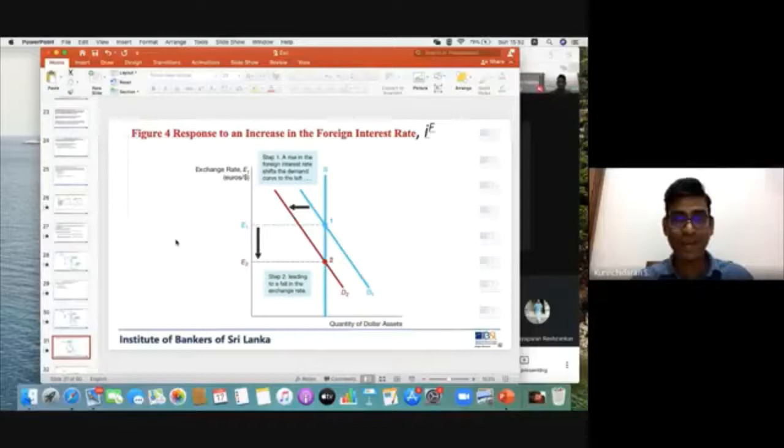But our assumption is clear. Others are constant, fixed. So supply, nothing is happening. It's fixed. So now the new equilibrium is at number 2, and the exchange rate will fall to E2. Clear?